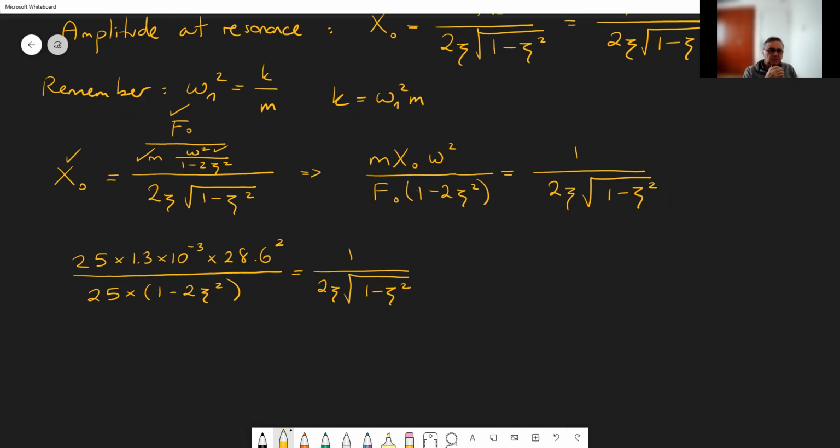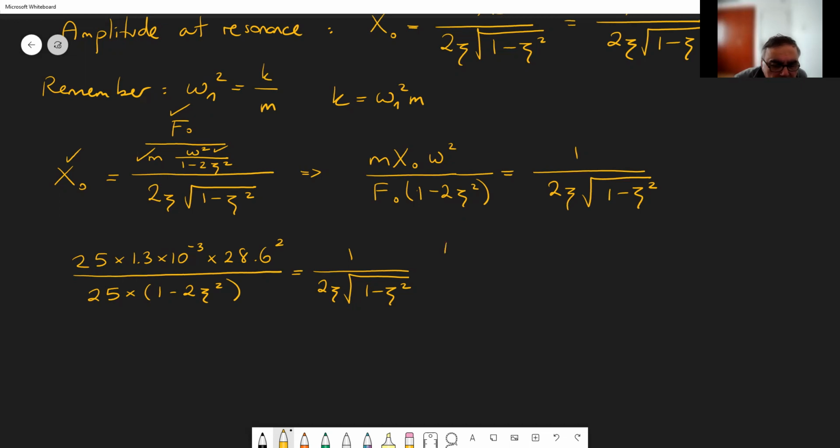So this is an equation in terms of zeta, which can be rearranged.